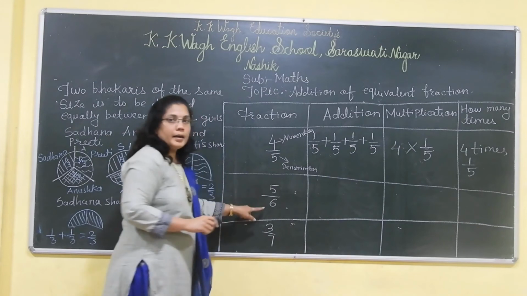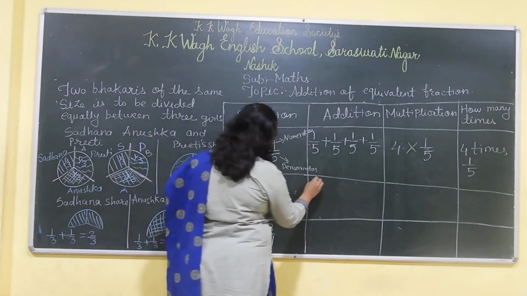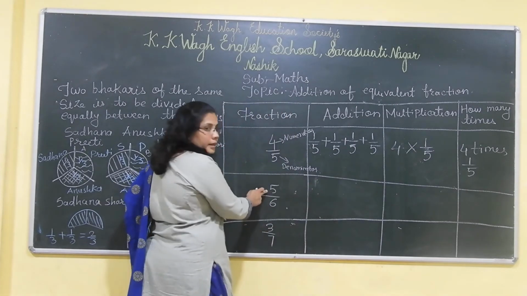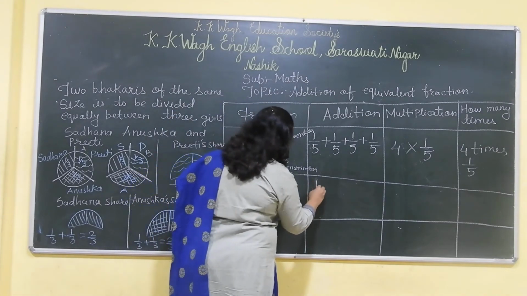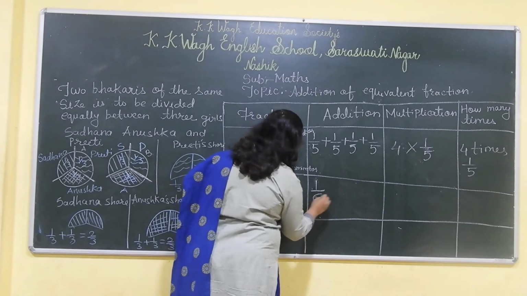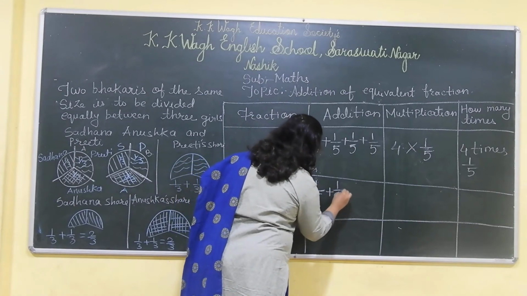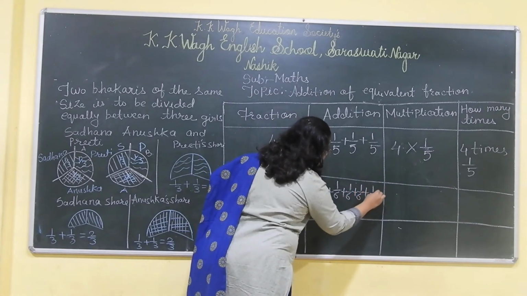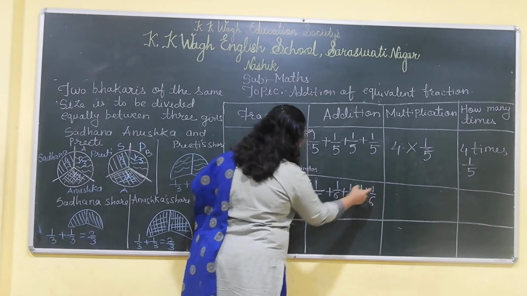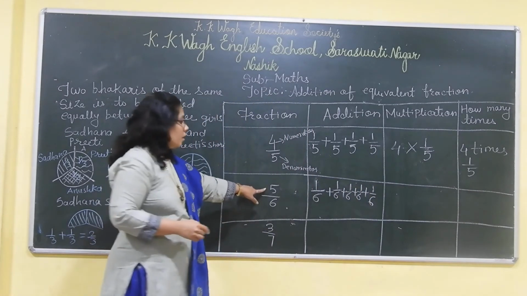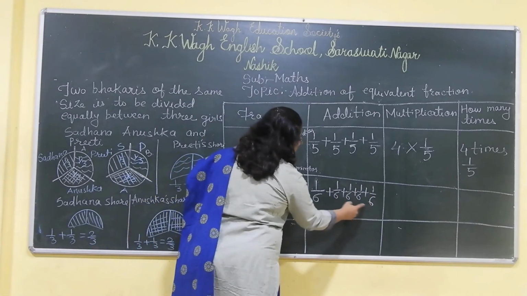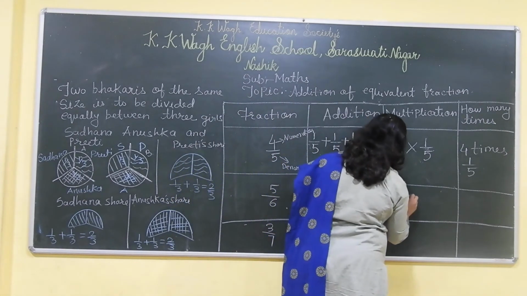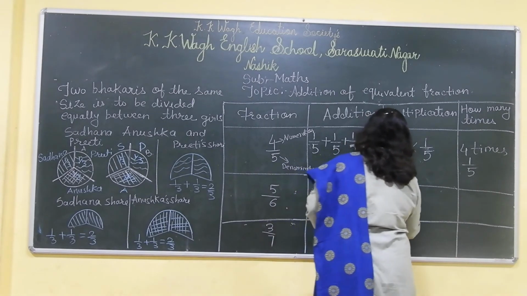Again here 5/6. You can see 5 in the numerator, so we will write it as 1/6, 5 times: 1/6 plus 1/6 plus 1/6 plus 1/6 plus 1/6, 1, 2, 3, 4, 5. Because there is 5 in the numerator and 6 in the denominator, 6 will be as it is. In multiplication, we will write it as 5 times 1/6.